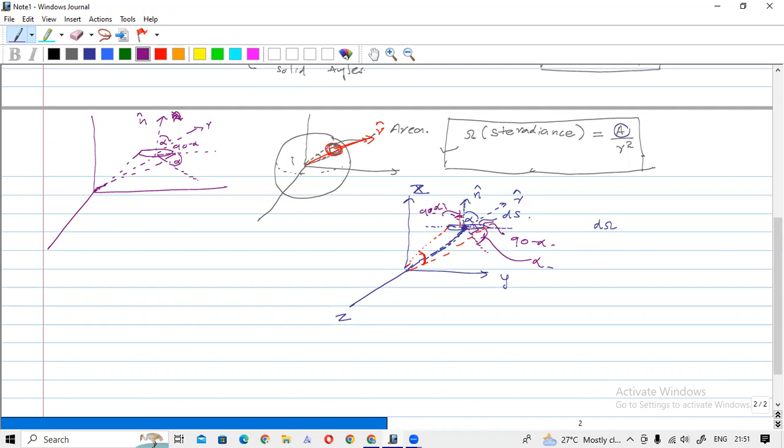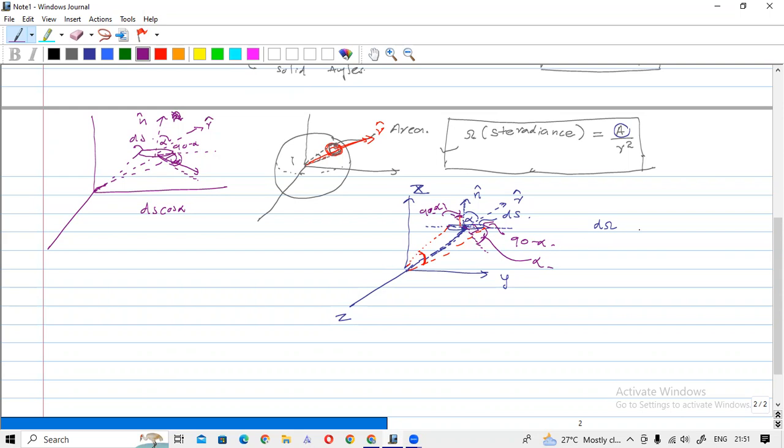So if you consider ds, this is the area, ds cos alpha. That is the component perpendicular to this r hat. If you get this direction, that is ds cos alpha, which is perpendicular to the r hat.